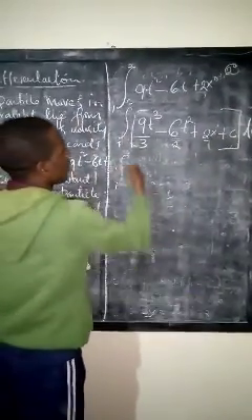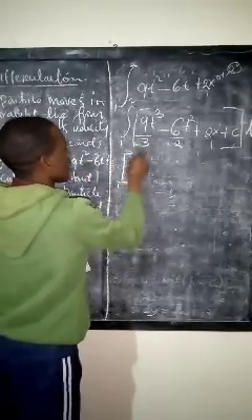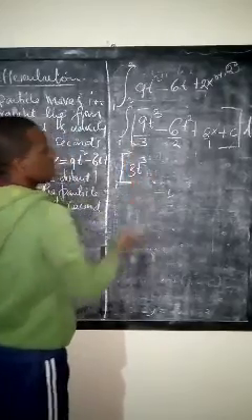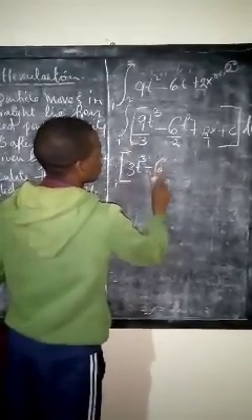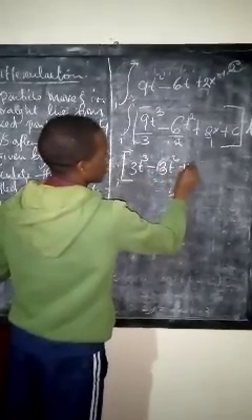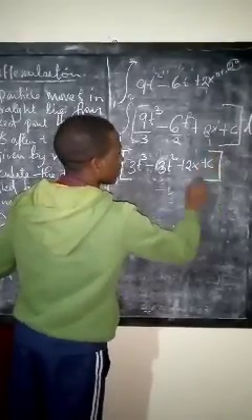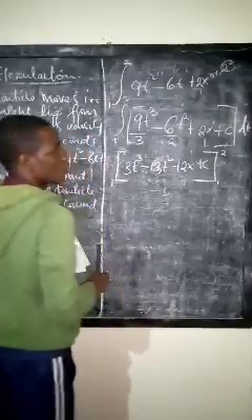When we simplify this, 9 divided by 3 is equal to 3t cubed, and 6 divided by 2 is equal to 3t squared, plus 2x plus c, from 1 to 2.